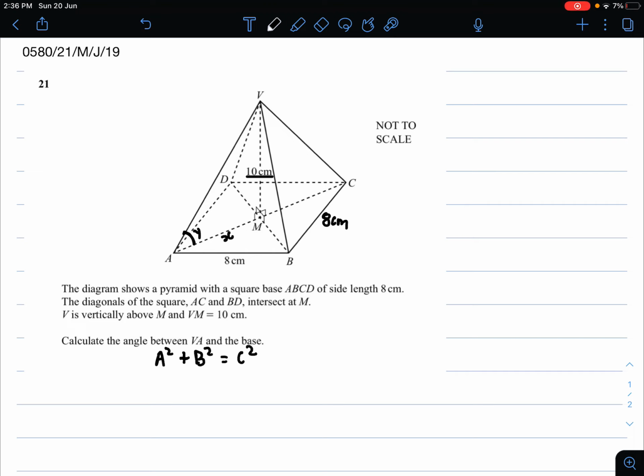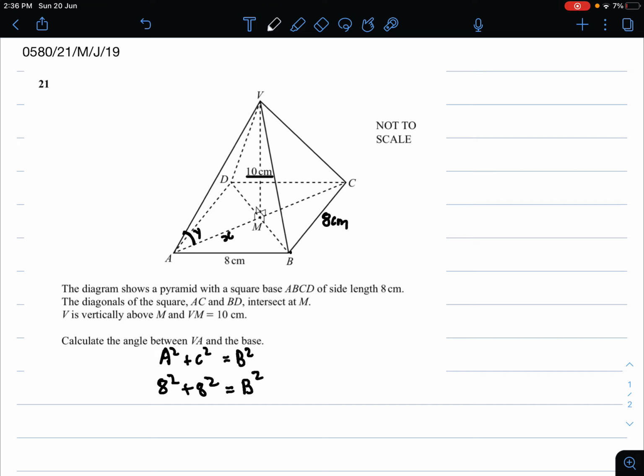So we know 8 square plus 8 square is equal to, in this case, b square, because the side opposite to the angle is the side that we will talk about. The side that we need is AC, and AC is opposite, therefore we will call the side b. So we have to rewrite this formula as a square plus c square is equal to b square.